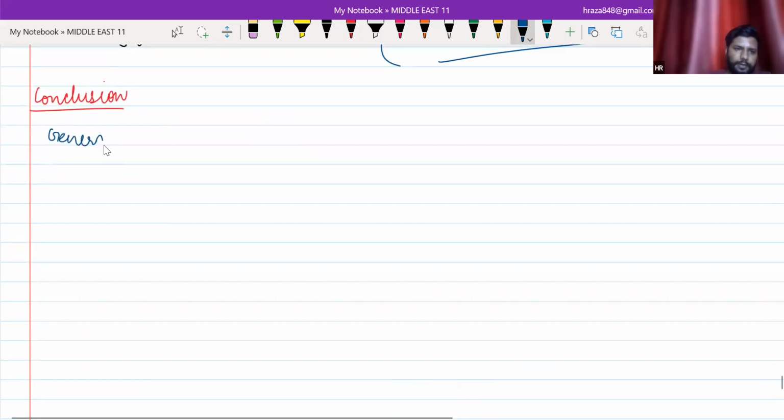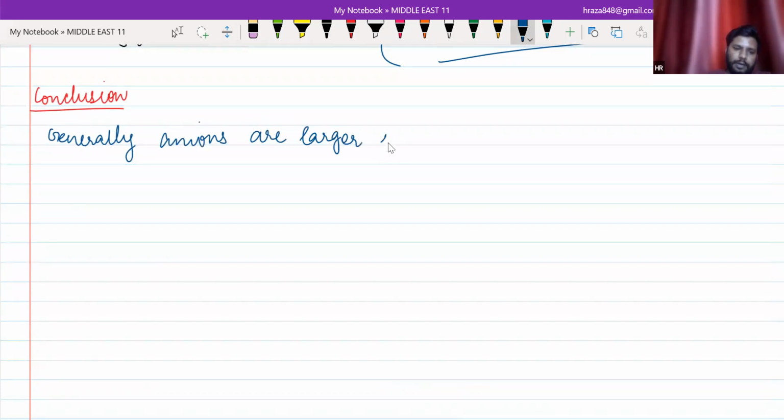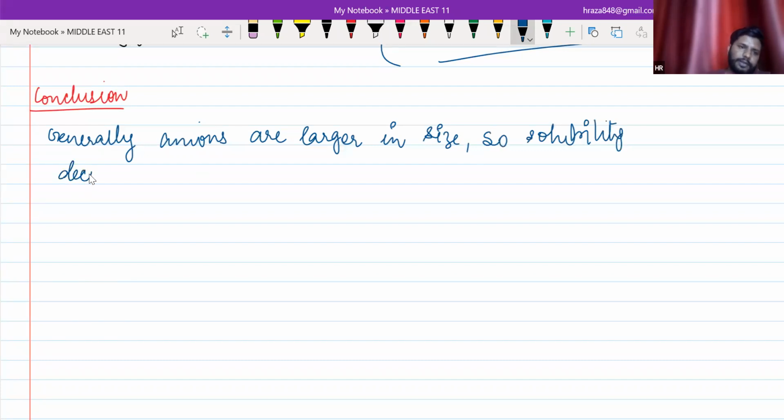Generally, anions are larger in size than cations. So solubility decreases from top to bottom.